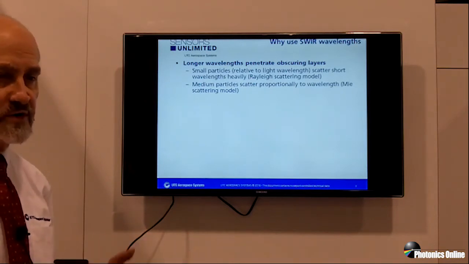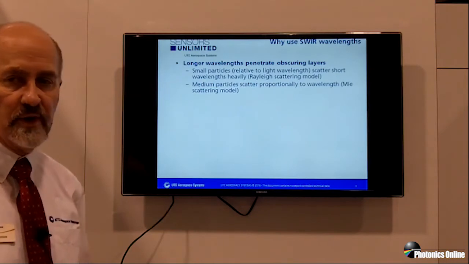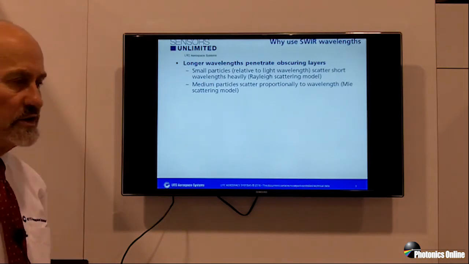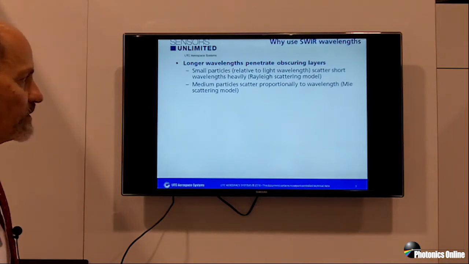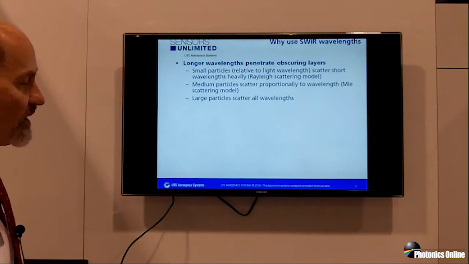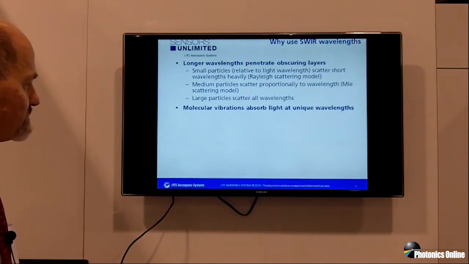So we have this very good advantage to imaging relative to visible cameras, but only a mild disadvantage to midwave and long wave. And in some cases over water, shortwave has an advantage over midwave. And then finally, larger particles scatter all wavelengths. And so ultimately, nobody sees through heavy smoke or fog, whatever waveband you're using.